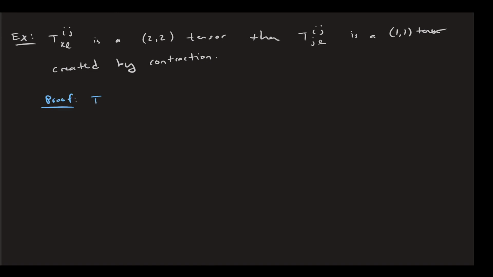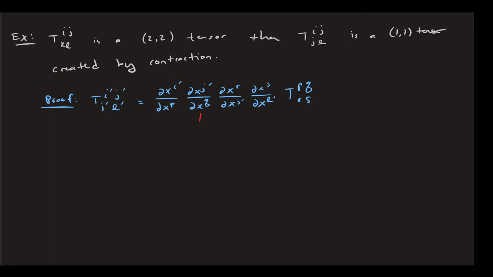So if we look at T^i'j'_j'l', since it's a tensor, it transforms like ∂xi'/∂xp, ∂xj'/∂xq, ∂xr/∂xj', ∂xs/∂xl', T^pq_rs.